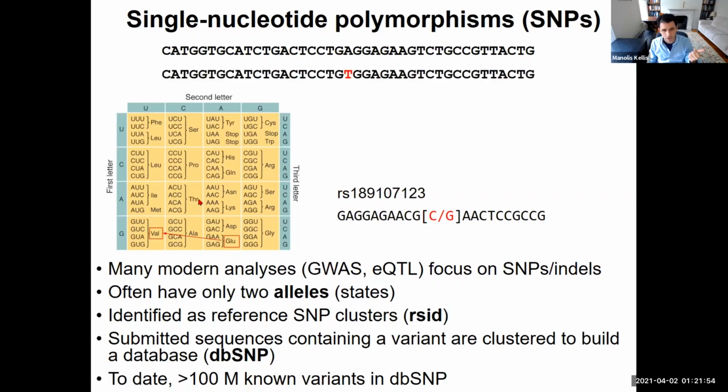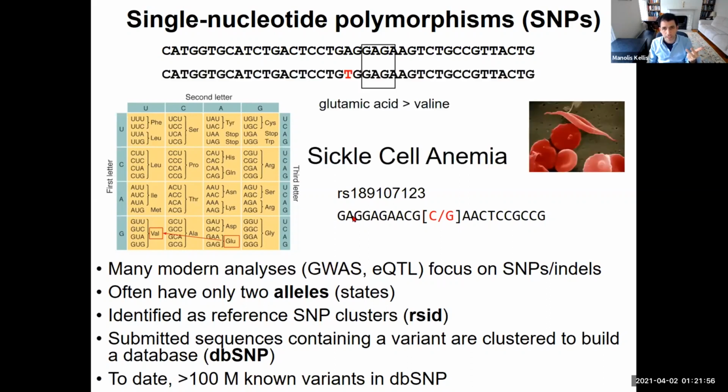So if you look, for example, at this mutation here from A to T, and this box should be on top of it, this actually causes sickle cell anemia, where basically the blood cells sickle and they're not able to carry as much oxygen anymore. That's the bad side. The good side is that the blood cells sickle and they're not able to carry the malaria pathogen anymore.